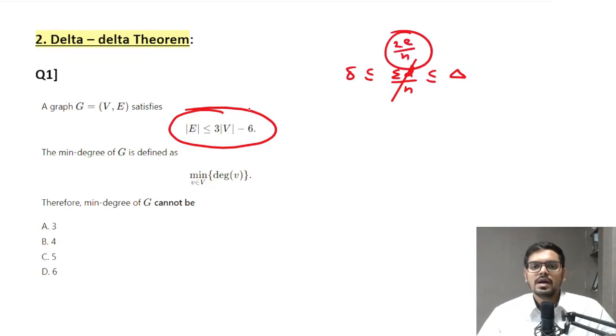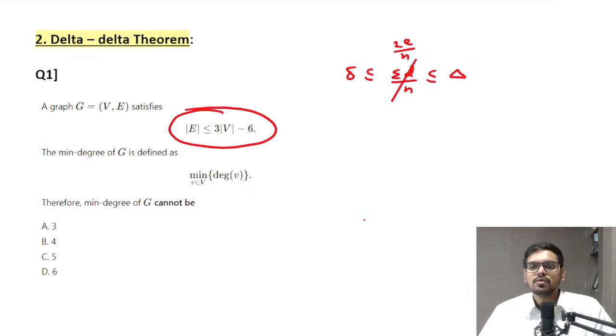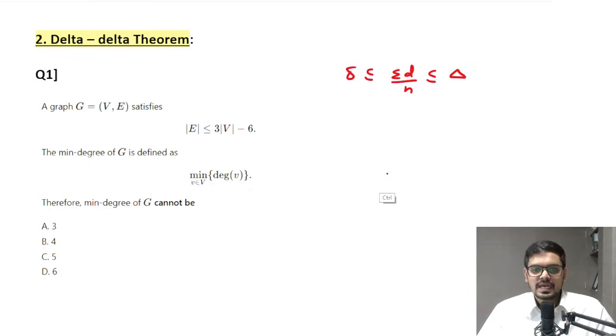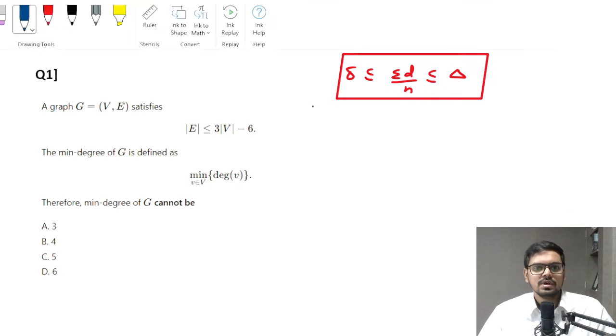But this is not an equality where e is a function of n, so we cannot get 2e by n directly. Here things are in inequality, so we have to analyze, and then substitute. It's a little time taking, but you will get the answer. This is the formula through which you get the answer, but straight away substitution won't be possible, so we have to do a little analysis.